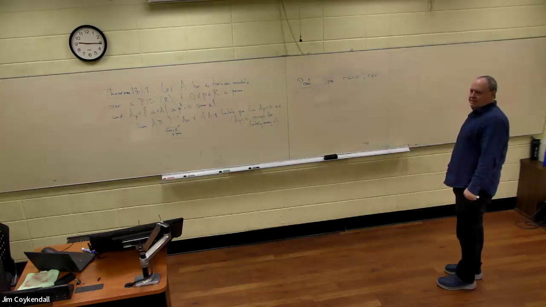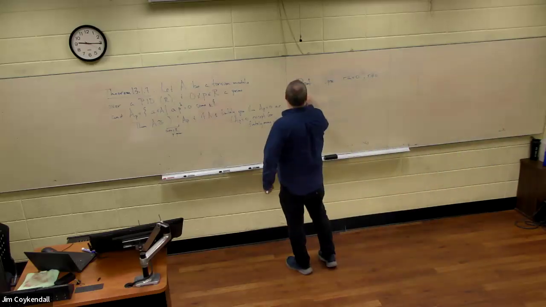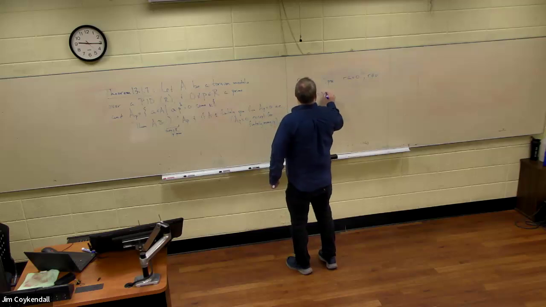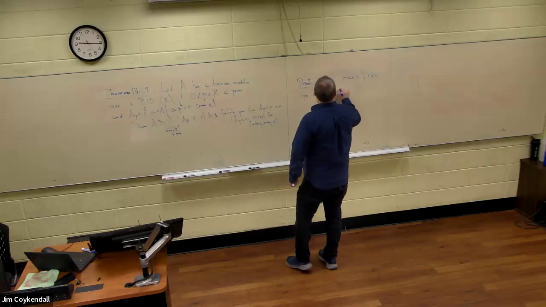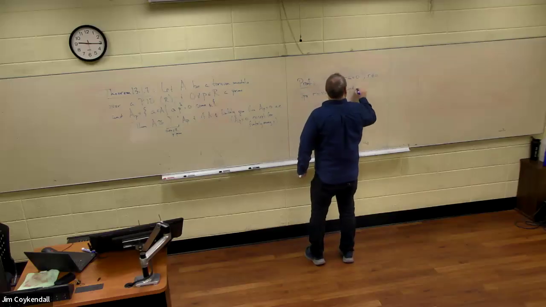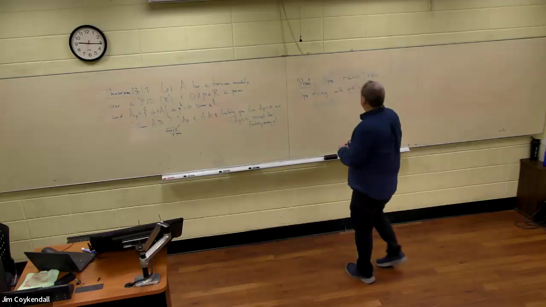Suppose that R equals X, Y with GCD of X and Y equals 1.